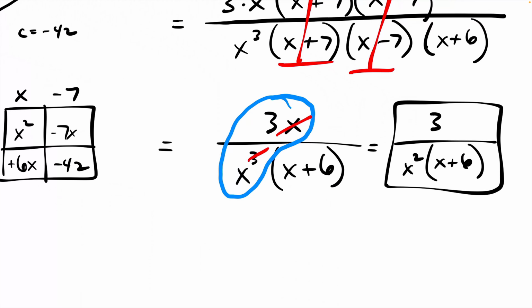I can't do it with this guy here. This guy here is off limits because it's part of a binomial. Because this top, 1 is a monomial, 1 is a binomial. You can't do that. But since they're both monomials, I can cancel out. Now I'm done. Now, green check.